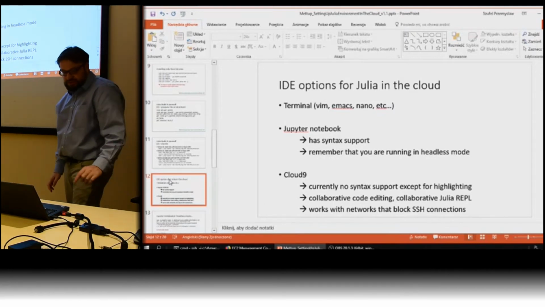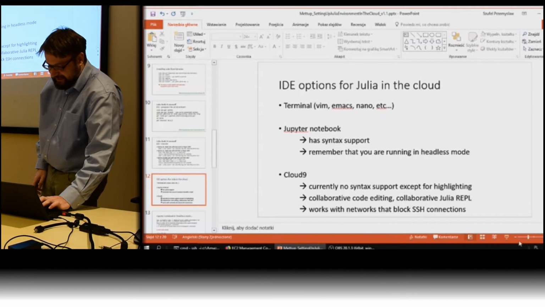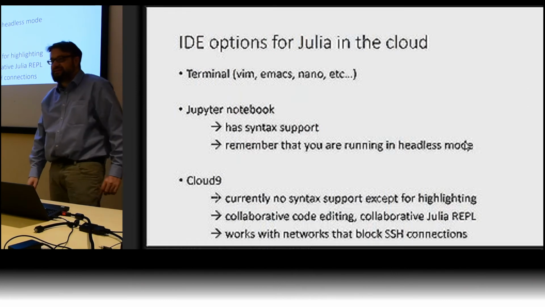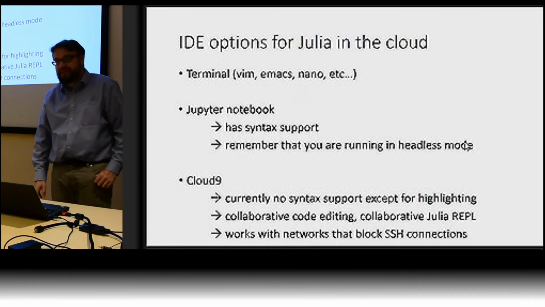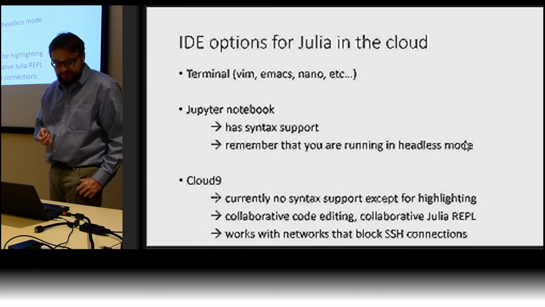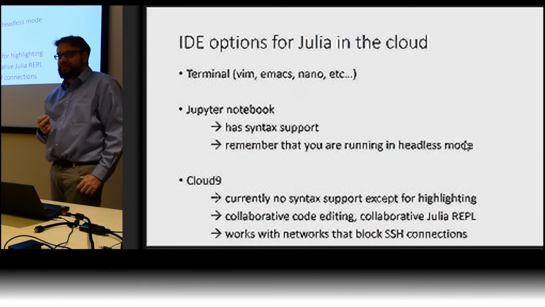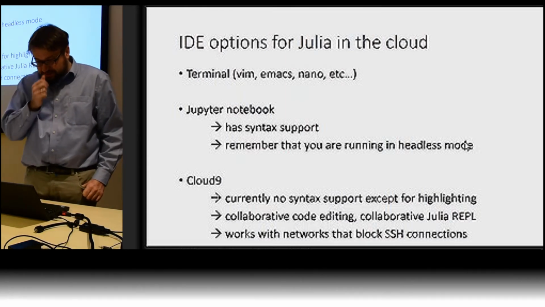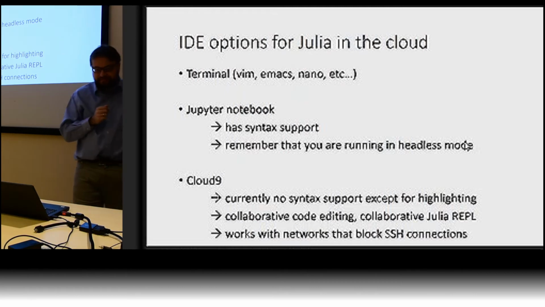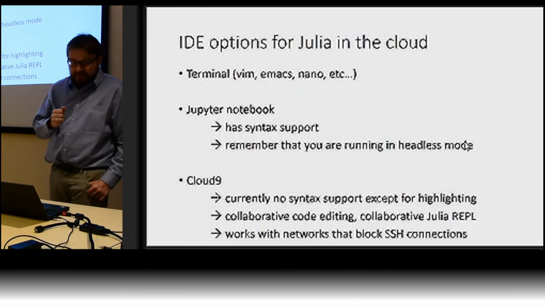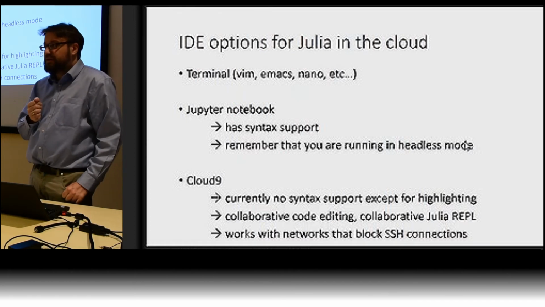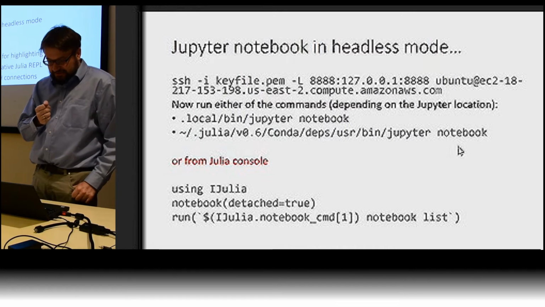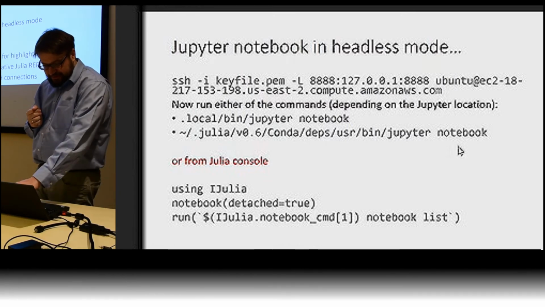I can of course program inside the terminal, and if somebody likes programming in textual mode, there are many editors that can be customized to be used with Julia, and it's quite easy to find information on how to do it. The two options that we are now going to check are the following. We'll configure Jupyter Notebook with Julia, and we are going to configure Cloud9 with Julia.